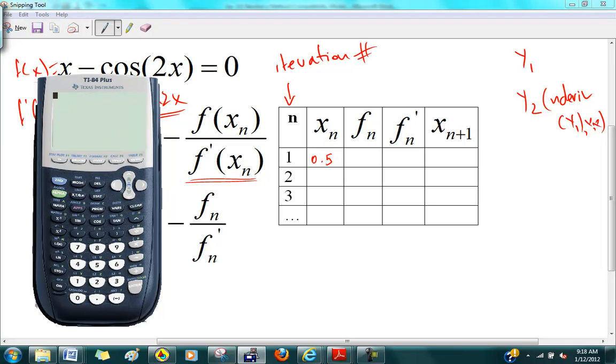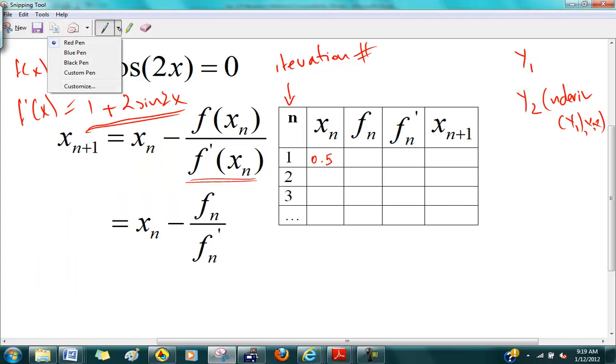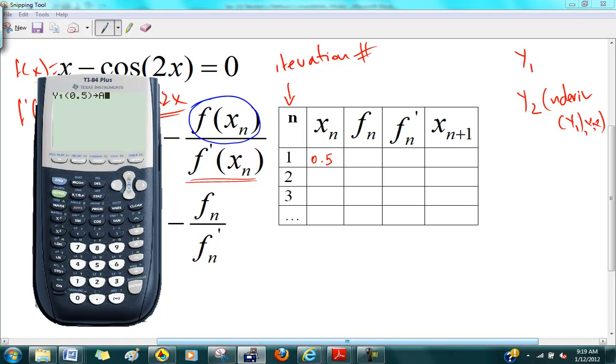What you're going to do is press vars, y-vars, function, y1, parenthesis 0.5, and you're going to store this in A. So essentially I'm doing the evaluation of this here. It goes into alpha A. Is everybody with me on that?